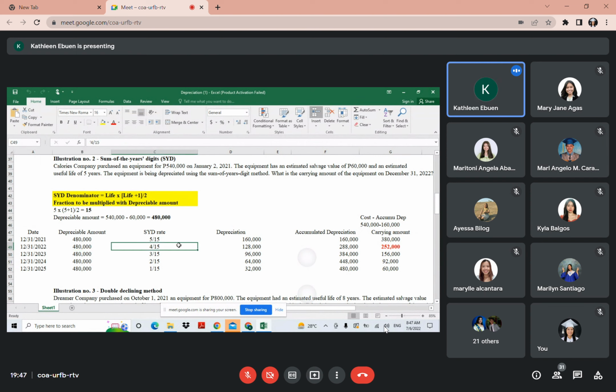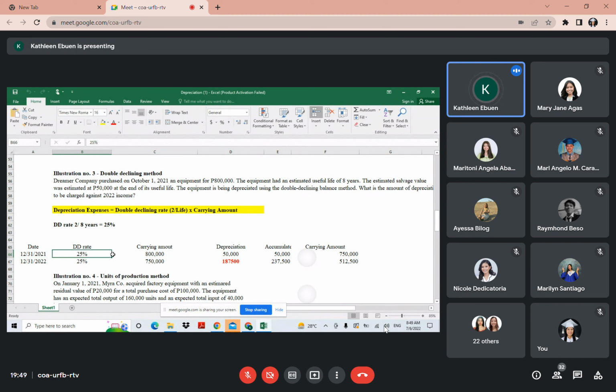So, sa first year, December 31, 2021, gagamitin natin yung double declining rate, 25%, multiply by the carrying amount. So, kapag double declining, ignore natin si salvage value. Siya lang yung nag-i-ignore sa salvage value. So, 800,000.